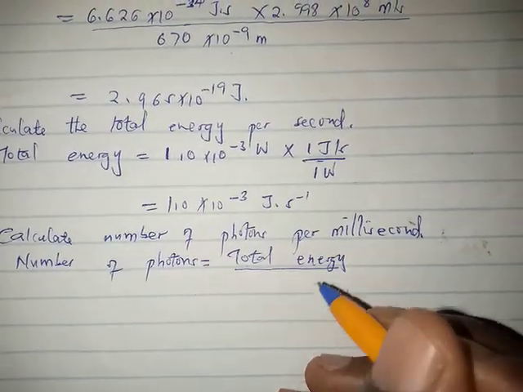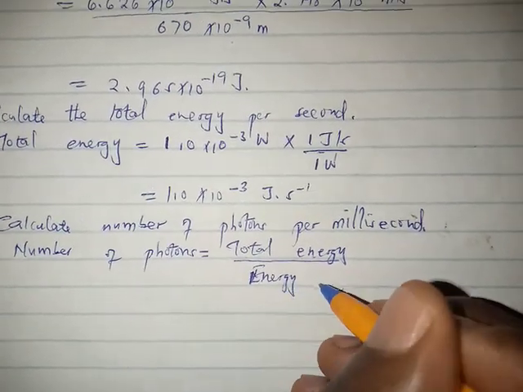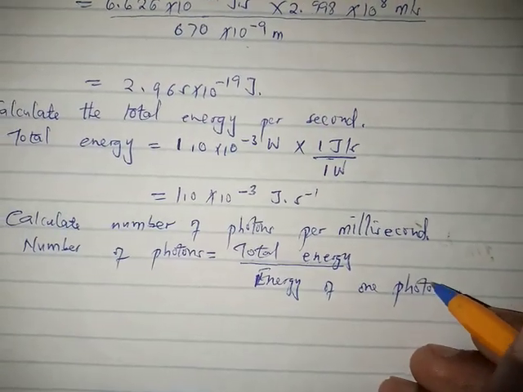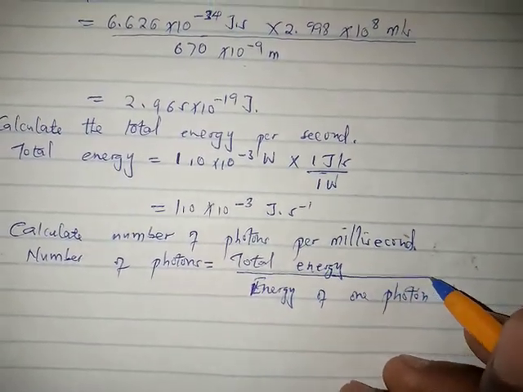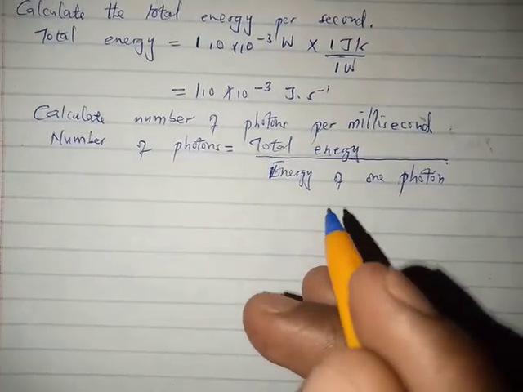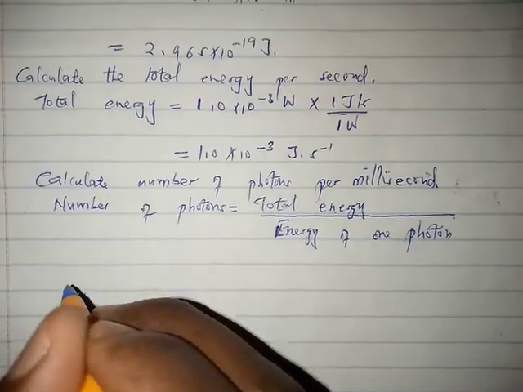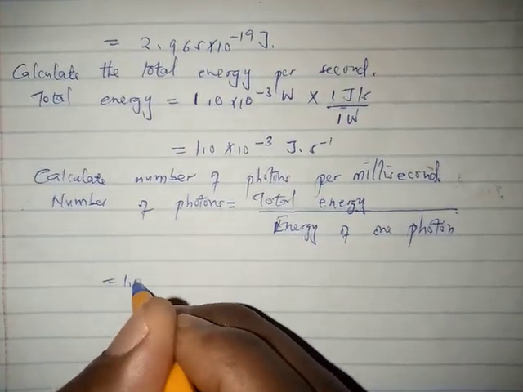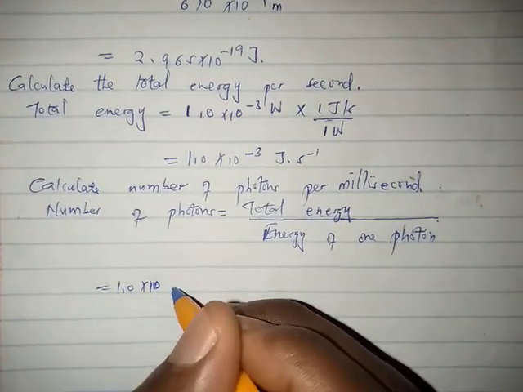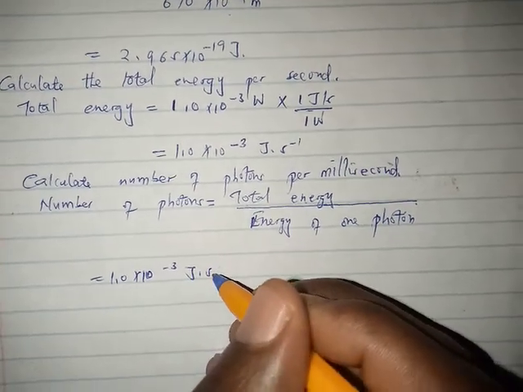And we have the total energy as 1.0 times 10 raised to power negative 3 joules per second.